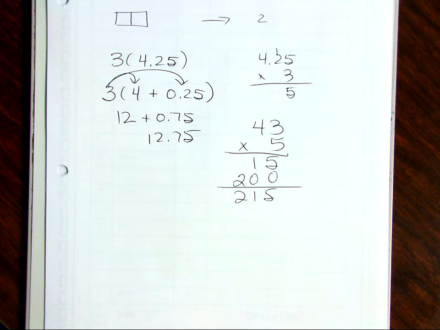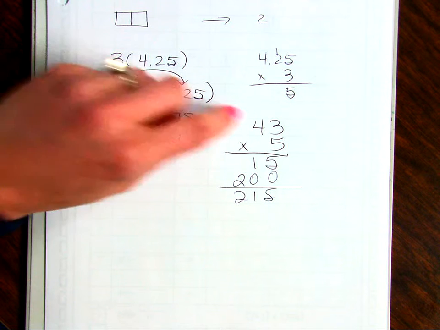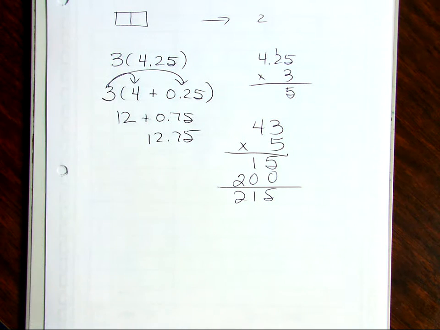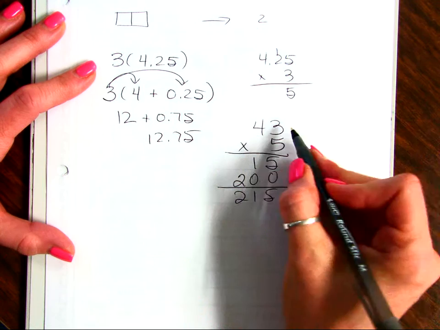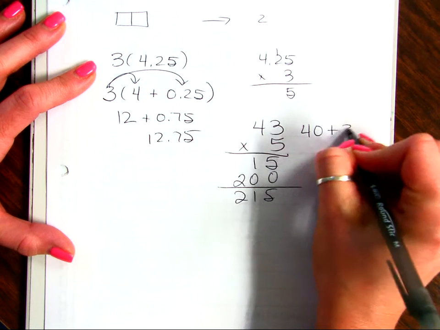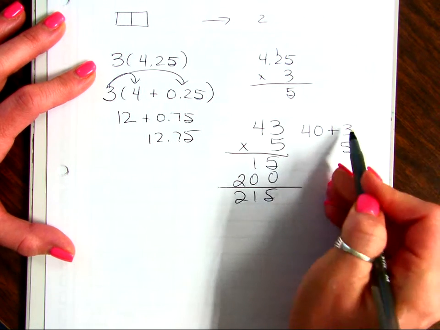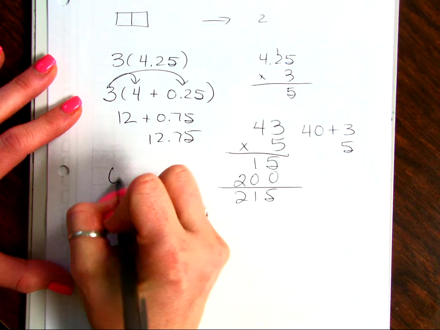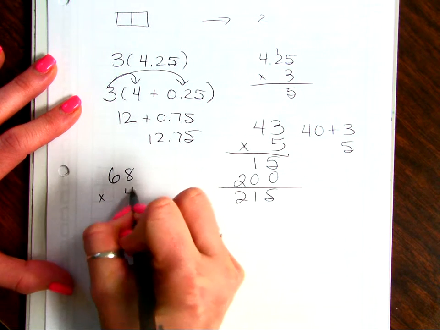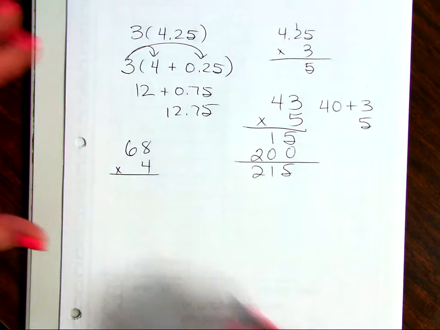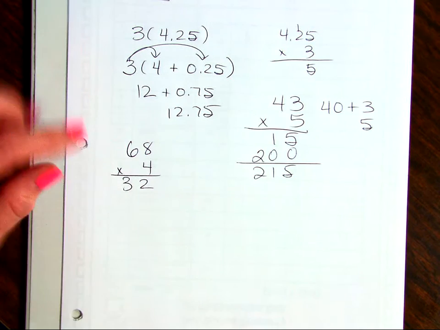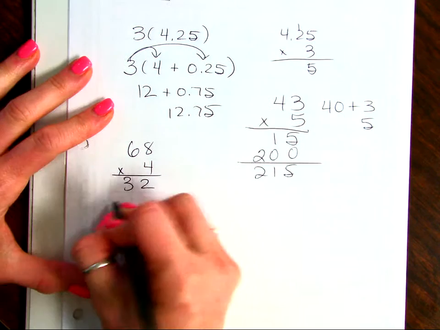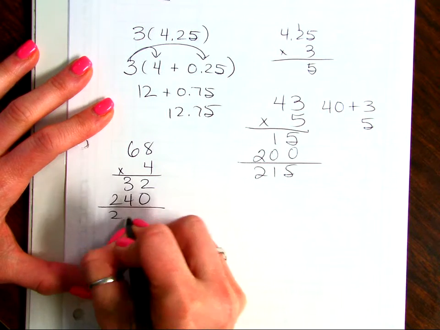Because instead of teaching her some process of put the 1 up there, what does that really teach you? It teaches you nothing. So you want to take that 40 plus 3 and multiply the 5 times the 3 and the 5 times the 40 and add them together, right? So if she wanted to do 68 times 4, she did 8 times 4 and got 32. Then she did 60 times 4 and got 240, and got 272.